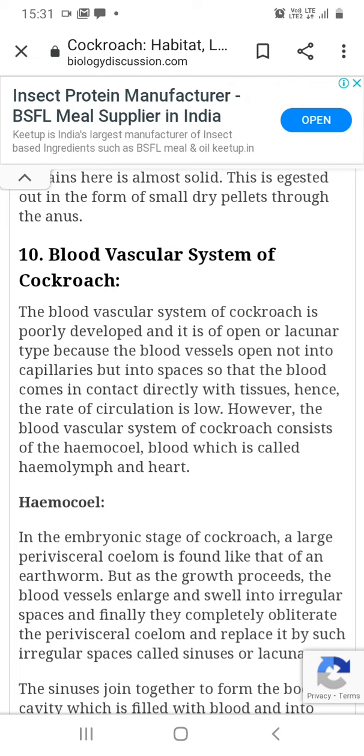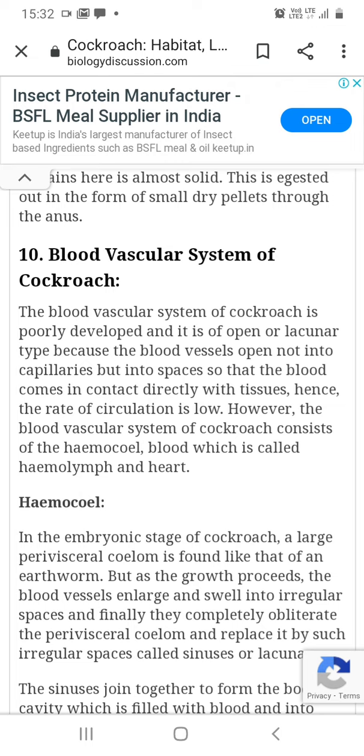The blood vascular system of cockroach is poorly developed and it is of open or lacunar type. Why? Because the blood vessels are open, and the vessels open not into capillaries but into the space or sinuses, so that the blood or the hemolymph comes in contact directly with the tissues.